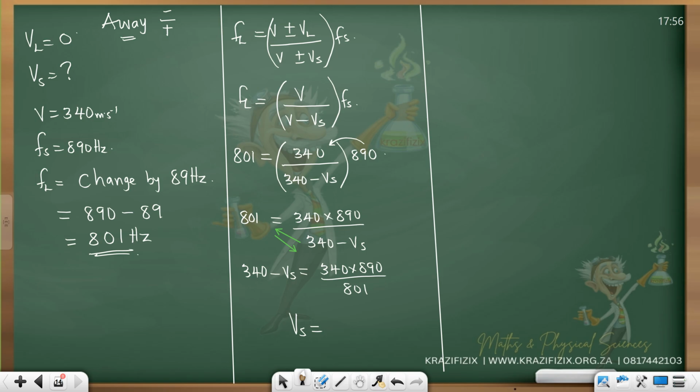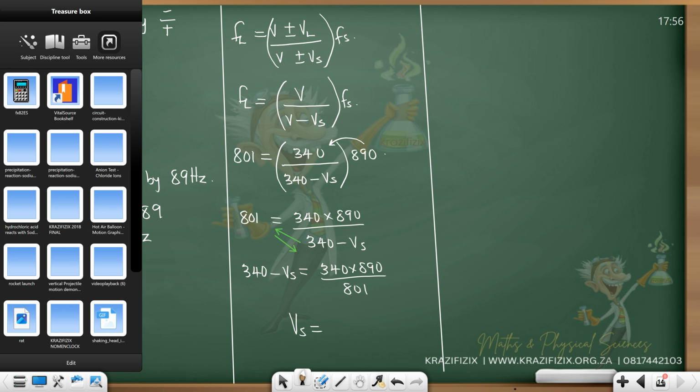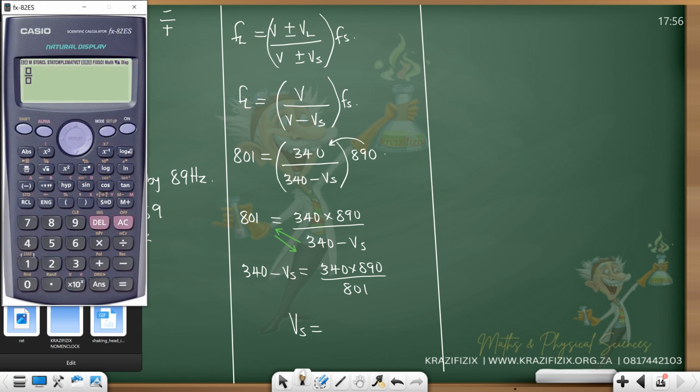I'll move my 340 over to that side, right? And if I move the 340, what would I then get? 340 times 890 over 340. Whatever I get minus 340 is going to give me a negative. Oh, sorry, over 801.